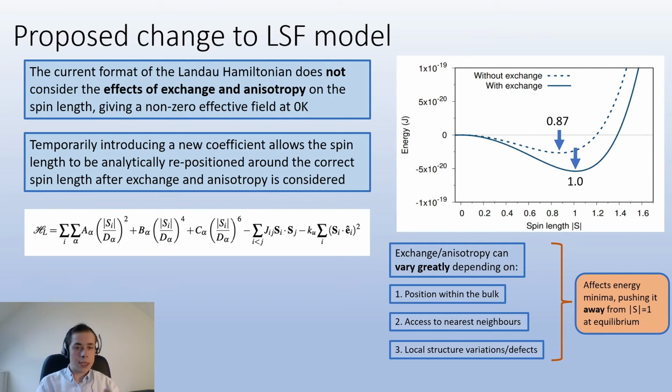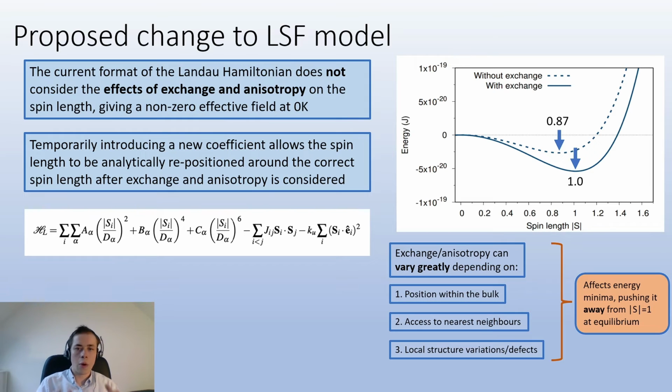The exchange and anisotropy between systems can greatly vary depending on how big your system is, whether you have introduced any defects, and what kind of nearest neighbor configuration is available to your spins. For example, if you are at the surface of a structure, you will notice that there are fewer nearest neighbors than at the very bulk, and this obviously will have an effect on your spin length minima, the equilibrium position of your spin length, which is where something like this might need to come into play.